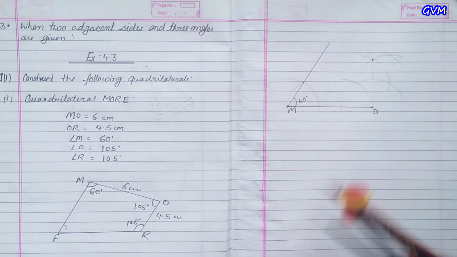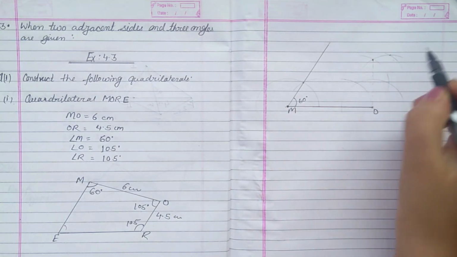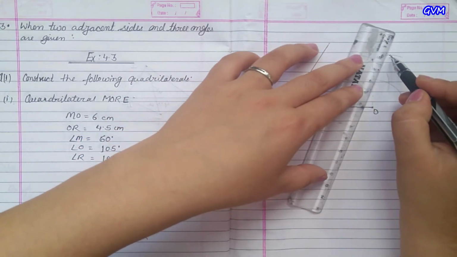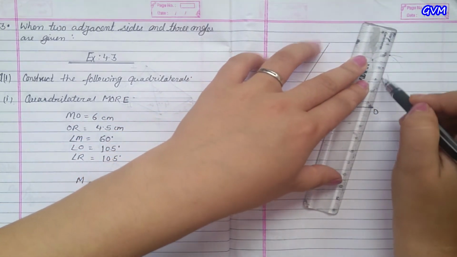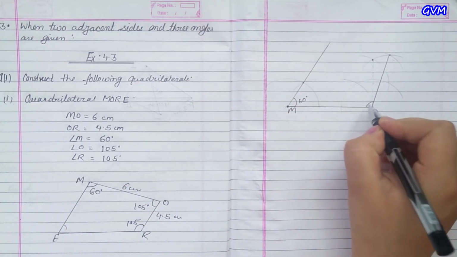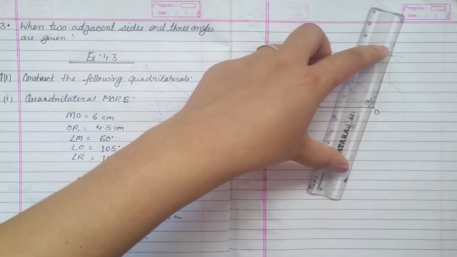So the intersecting point of these two arcs is this. That means by joining this point and O we will make a 105 degree angle. So this is 105. Make this line a little longer.